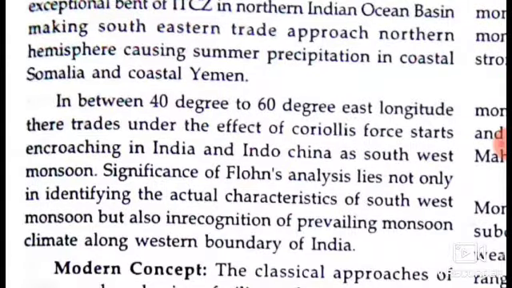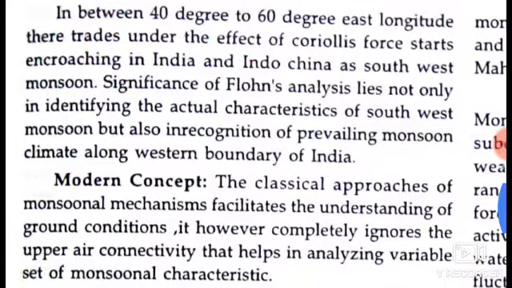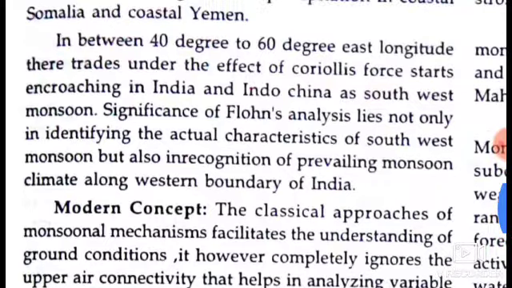These trades, under the effect of Coriolis force, start encroaching into India and Indo-China as the southwest monsoon. The significance of Flohn's analysis lies not only in identifying the actual characteristics of the southwest monsoon, but also in recognition of the prevailing monsoon climate along the western boundary of India.